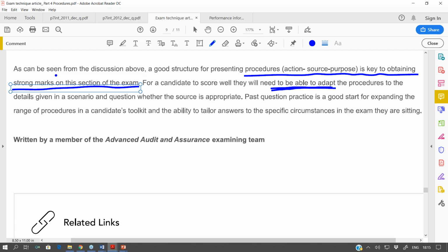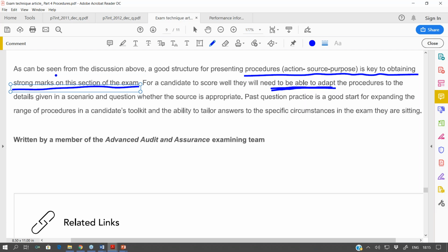The examiner says past question practice is a good start. If you practice more, you will learn how to write an action, a source, and a purpose. And if you practice the past papers, you will also get to know how to adapt your procedures in the exam paper.